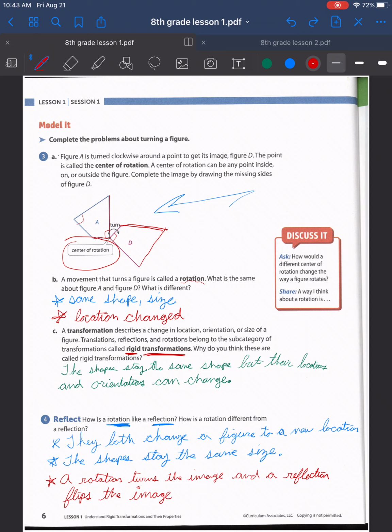Every time you see a green page, that's your homework, okay? It's got your name at the top. What you're going to do is fill out page 7 and 8 with your name on top. You are going to scan pages 7 and 8, and then insert them into this Google Slide, and then submit this as your homework on Google Classroom.